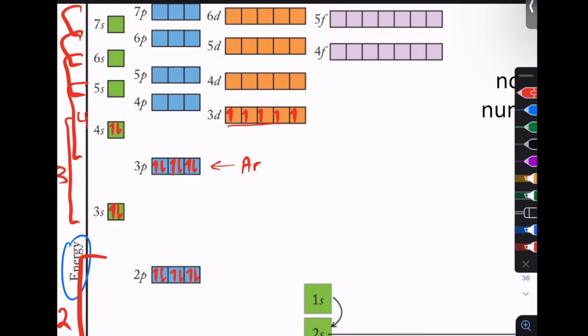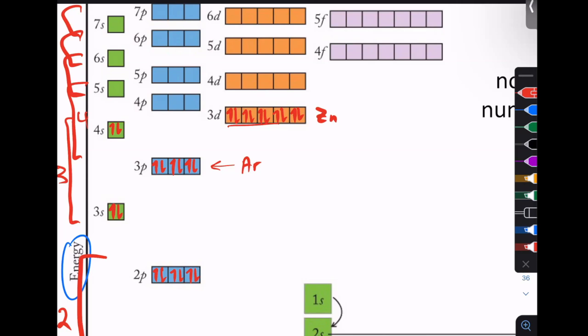So I've got 1 electron in each of those degenerate orbitals, and they're all the same spin. And now I have to go and double fill them. 1, 2, 3, 4, 5. Now 3d is completely full. If I stopped here, what atom would I be describing? Zinc. But now that 3d is full, look what comes next.